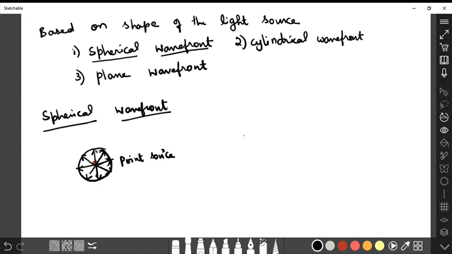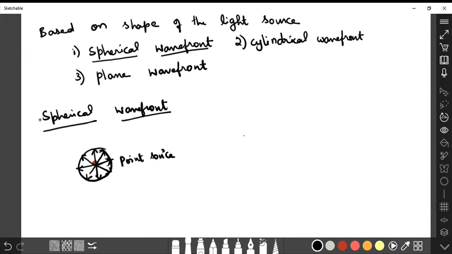That's why this wavefront is called spherical wavefront. Once again, the spherical wavefront is produced by a point source of light. If you consider all the points at the same distance from the point source, the locus looks like a sphere shape.